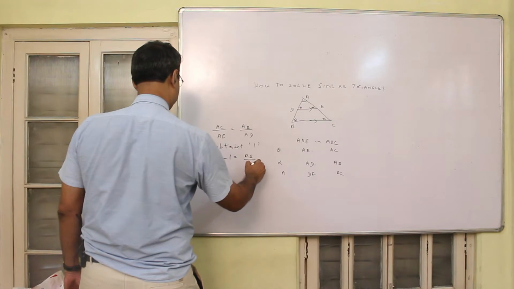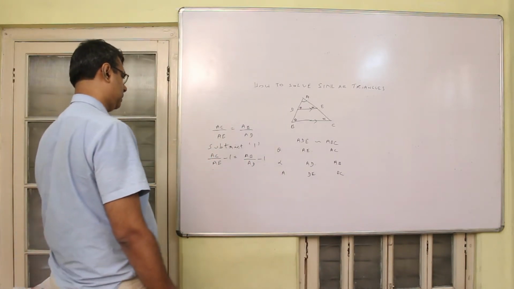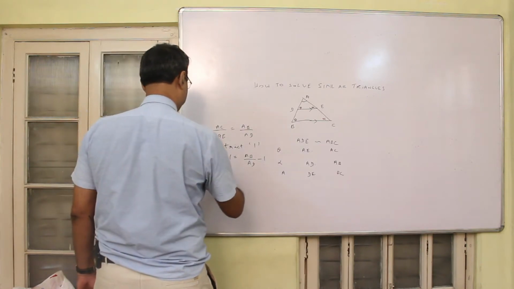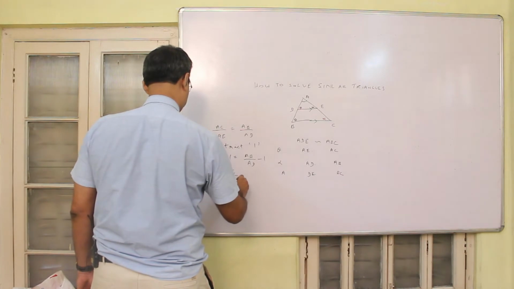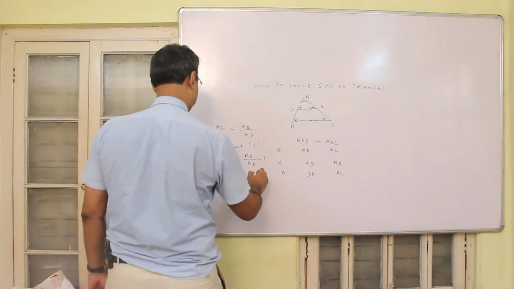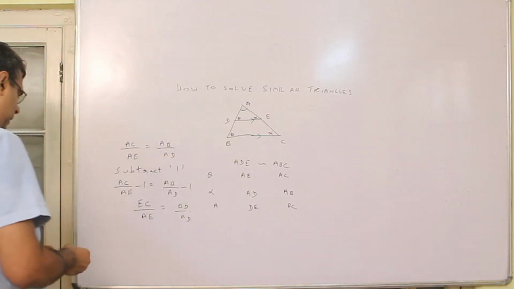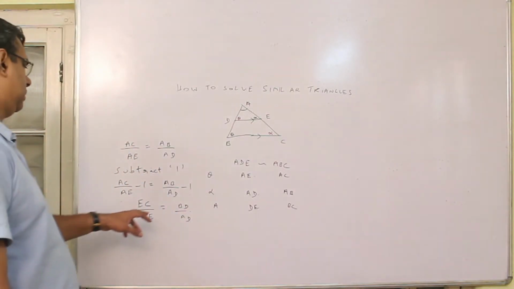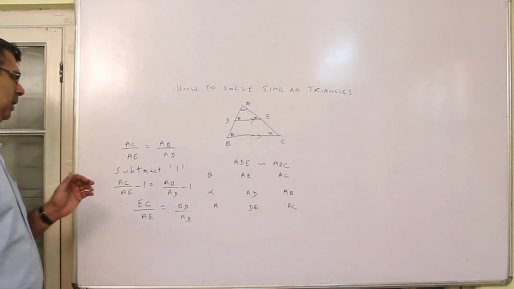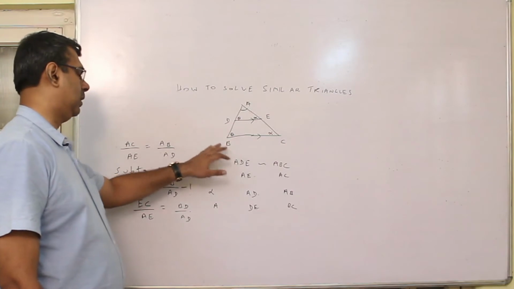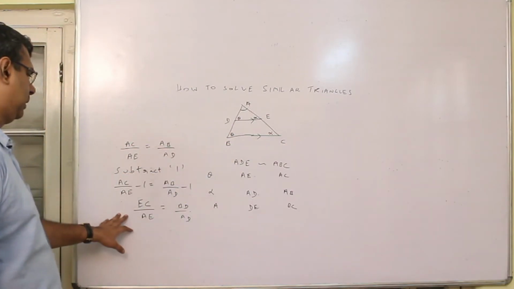So AC by AE minus 1 is equal to AB by AD minus 1. So you will get AC minus AE, that is EC by AE, and AB minus AD, which is BD by AD. So you are getting EC by AE is equal to BD by AD. So when a line in a triangle is parallel to the base, it divides the two sides proportionately.